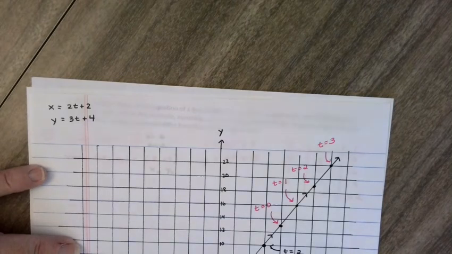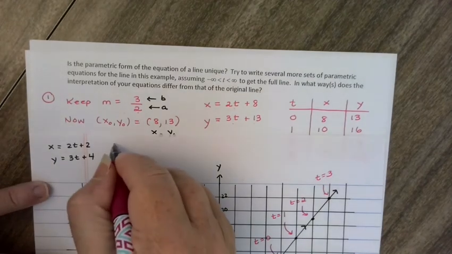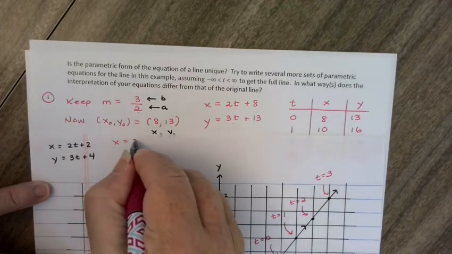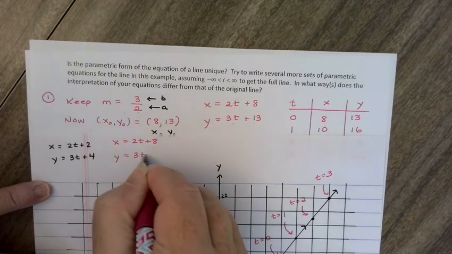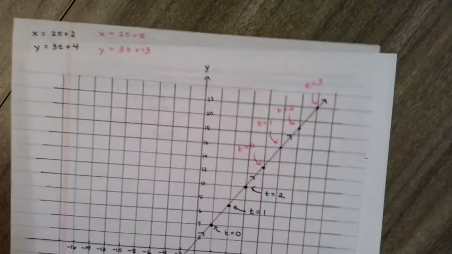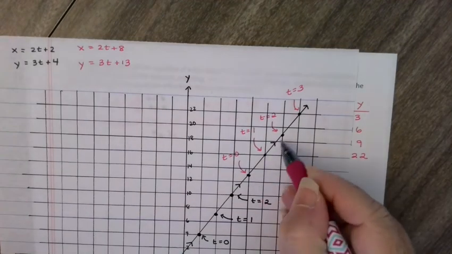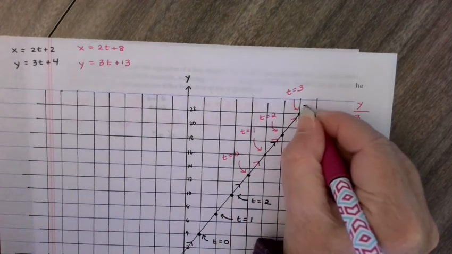So the second version of parametric equations was x equals 2t plus 8 and y equals 3t plus 13. Notice, by the way, that the direction of increasing t stays the same. We're still going in this direction.